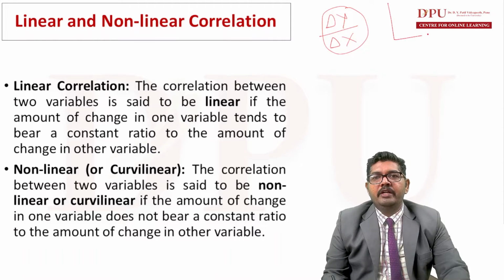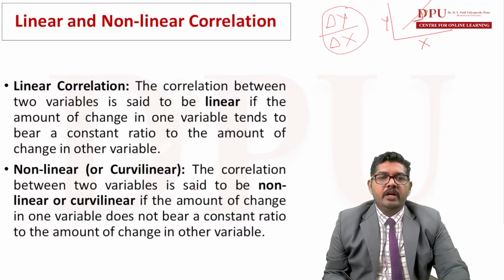In that case, we will get a linear line, a line like this. We have x here, y here, and the slope is the same throughout the line. So you can measure the slope between any two points, and you will get the same slope. So change in y divided by change in x is constant, so that we get a linear diagram.